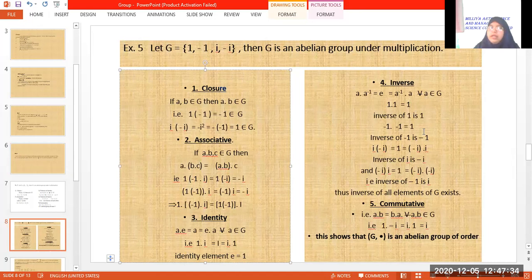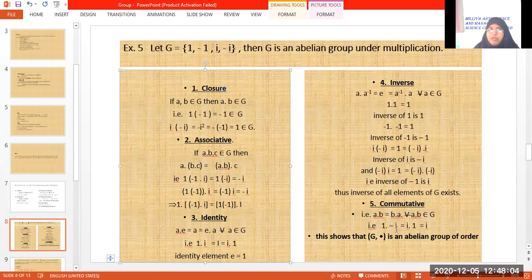Minus 1 into minus 1 is equal to 1, which means the inverse of minus 1 is minus 1. And i into minus i is equal to 1, which is equal to minus i into i. This means the inverse of i is minus i, and similarly the inverse of minus i is i. This means an inverse exists for every element of G.